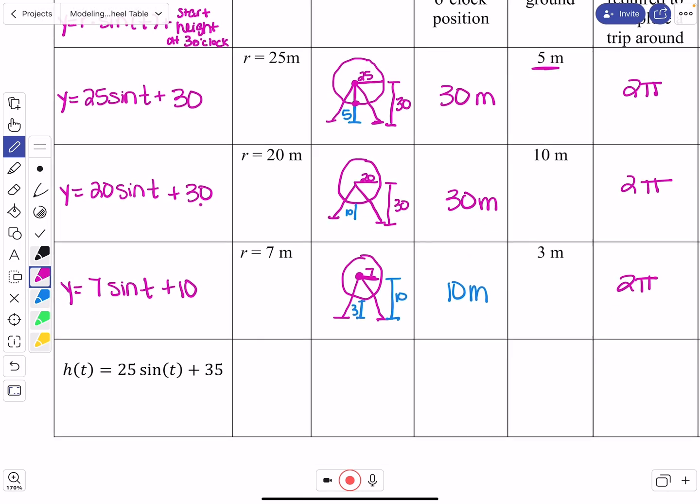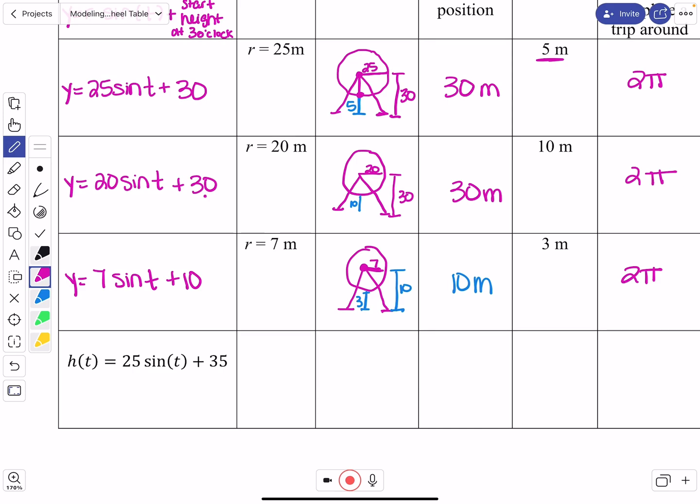Now in this one, it wants us to figure out what our radius is, our height, how far the wheel is off the ground. Of course, we know our period is still going to be 2 pi because right here we just have a t. So looking at the number out front, that tells us our radius is 25. So if I go ahead and sketch my Ferris wheel, I know from here to here, my radius is 25.